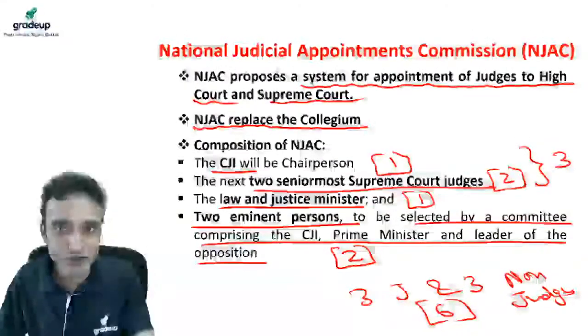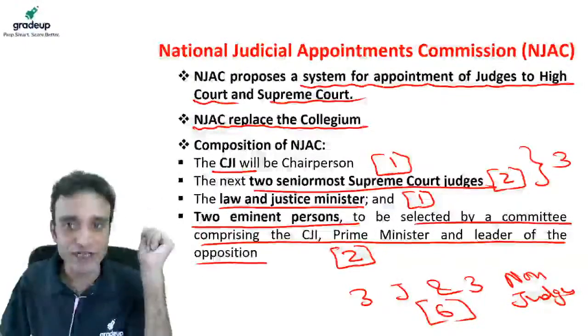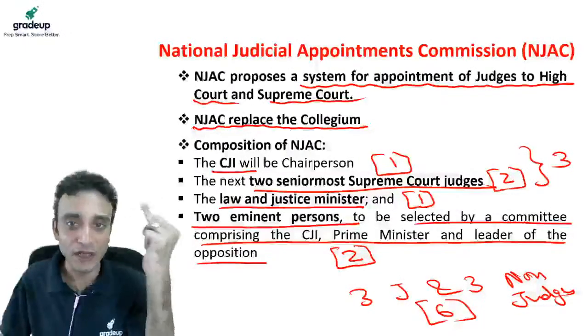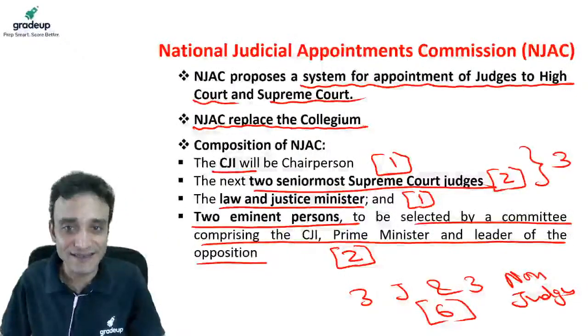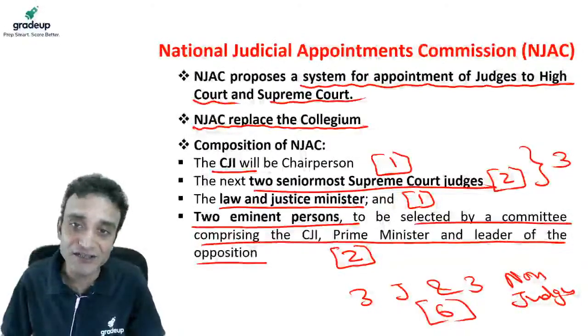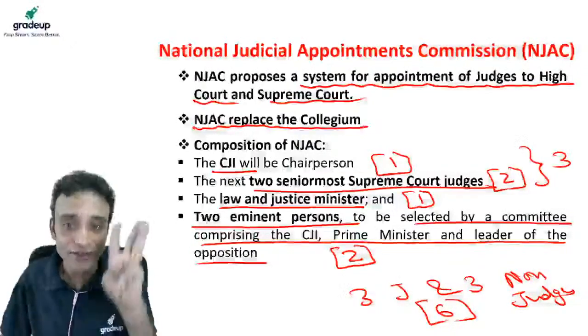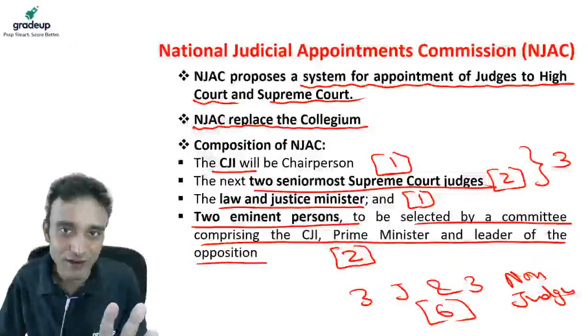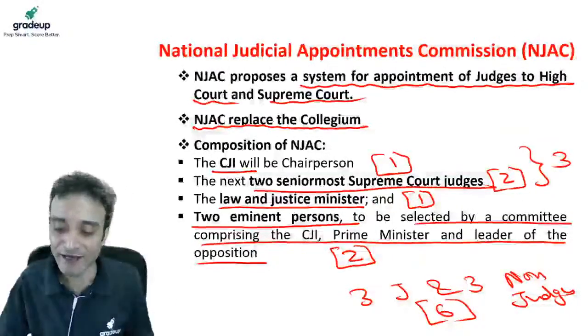And the composition of the NJAC is the Chief Justice of India, two senior-most judges of the Supreme Court, the law minister, and two eminent persons who are selected by a committee comprising of the Chief Justice, the Prime Minister, and the leader of the opposition. So there are three judges in the commission and three non-judges in the commission.